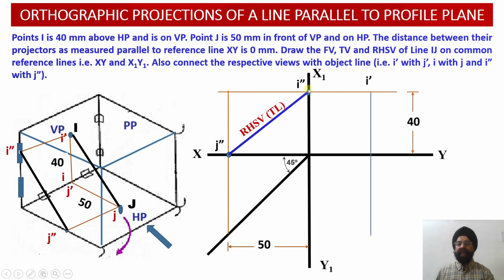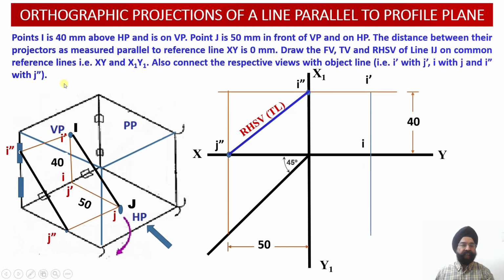Now, having marked this point I double dash, wherever I double dash is located, at the same height in the front view we have been able to locate point I dash over here. So point I dash is located at the same height, that is 40 millimeter above the horizontal plane, appropriately in the front view projections.